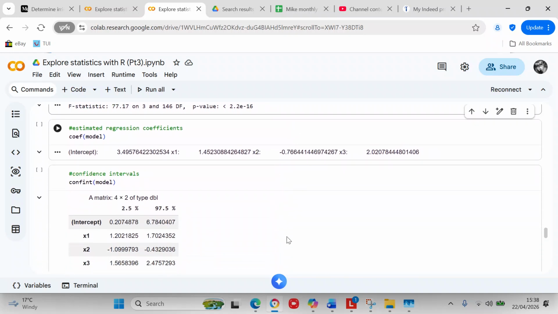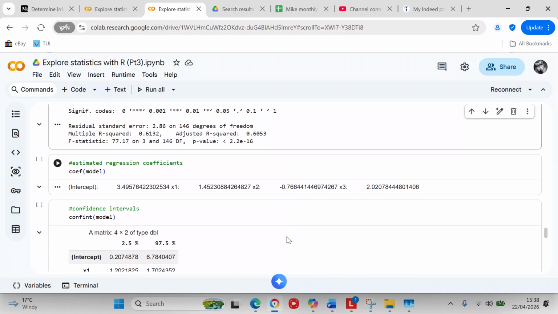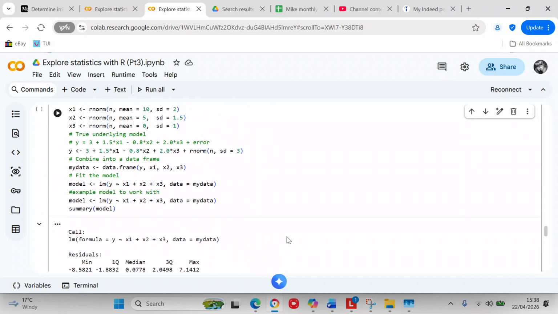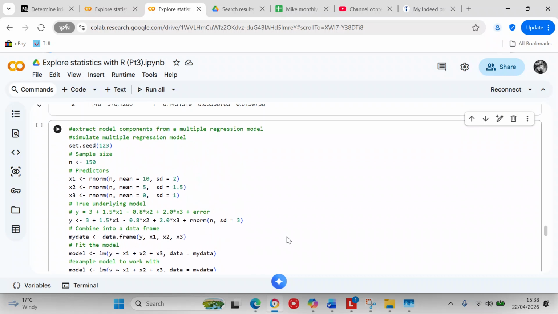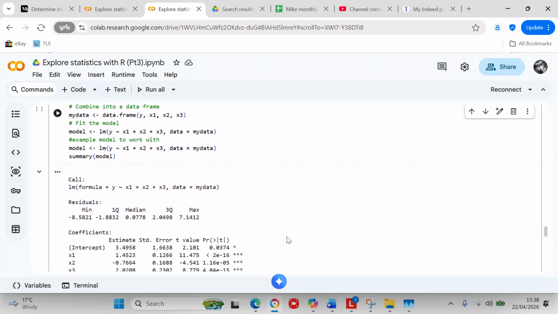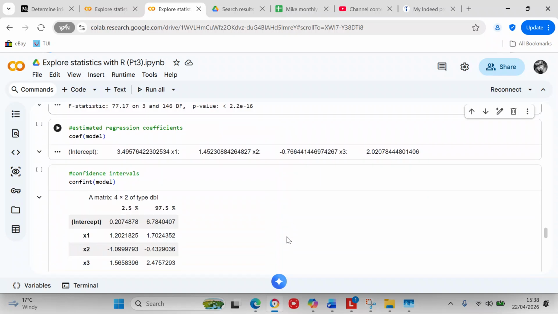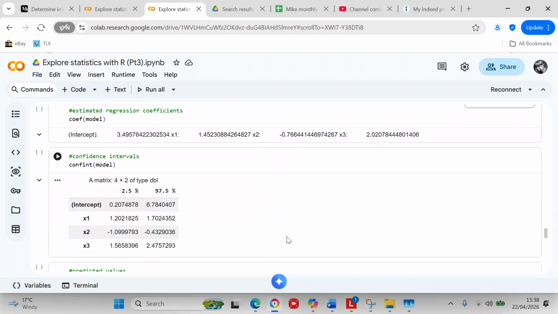So now what we're doing in this one is we are extracting model components. So now we're going to go through and extract the model components from the model that we have just created.